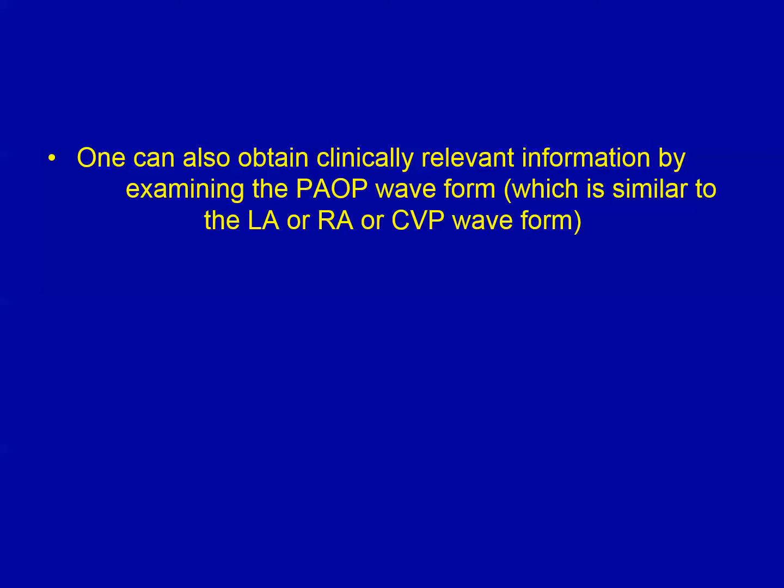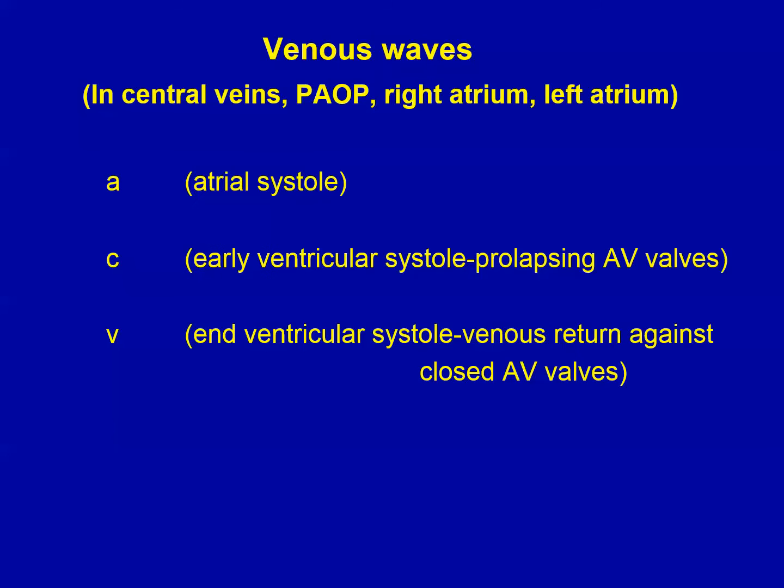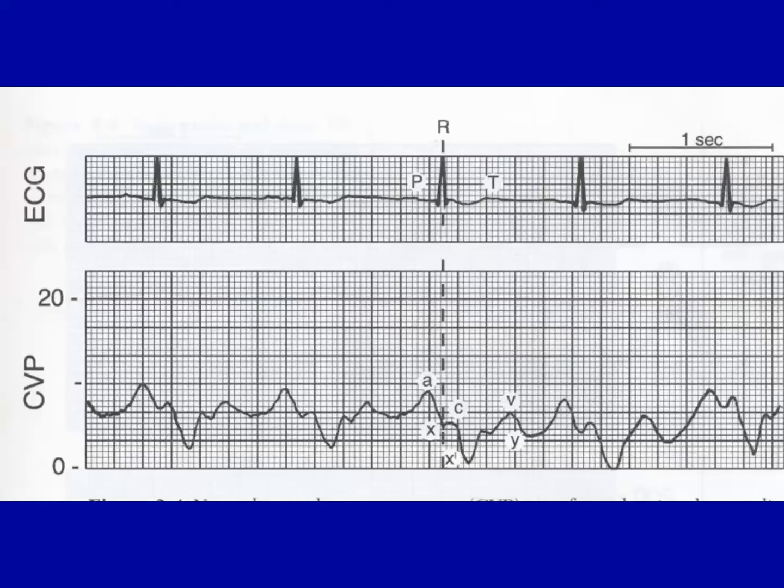In addition, one can obtain some clinically relevant information by examining the pulmonary artery occlusion pressure waveform. Remember, this is similar to the central venous waves and the left atrial pressure, with the A waves, the C waves, and the V waves.